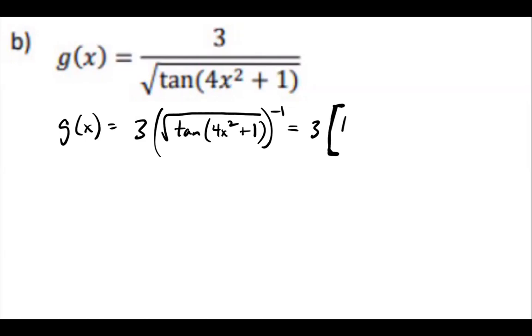I have tangent of 4x squared plus 1, in parentheses, that's to the 1/2 power, close brackets, to the negative 1/2.